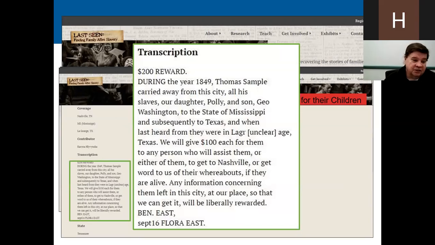And when last heard from, they were in, they couldn't read the writing, Texas. We'll give $100 each for them to any person who will assist them or either of them to get to Nashville or get word to us of their whereabouts if they are alive. Any information concerning them left in this city at our place so that we can get it will be liberally rewarded. Ben East and Flora East. So basically, they're looking for two of their children that have been sold away from them.